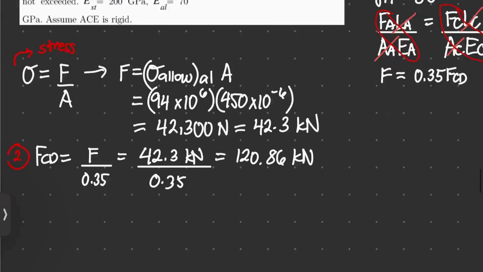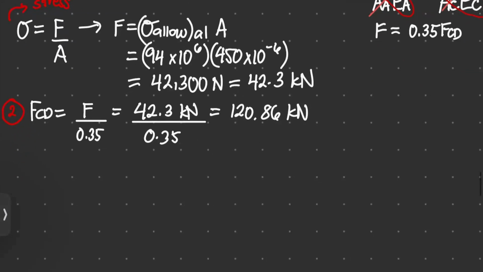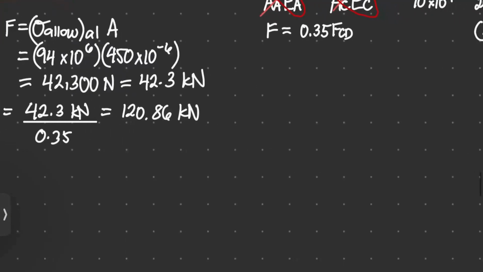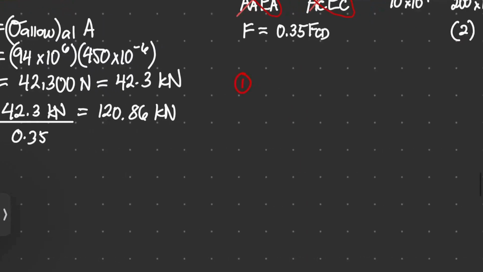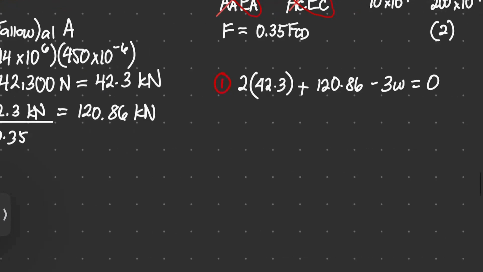Lastly, we can get W, since we already have the force at CD and the force at AB and EF, which is just F, using equation 1. So equation 1: 2 times 42.3 plus 120.86 minus 3W is equal to 0.